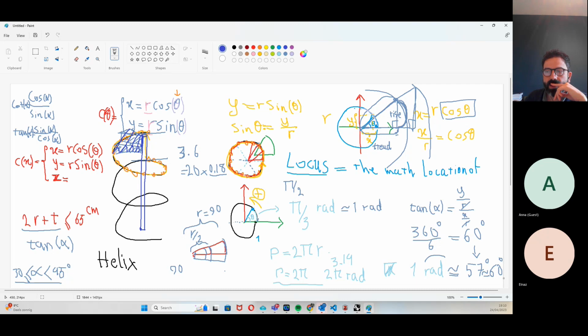When you get farther away from the center, then the slope becomes more and more acceptable. Okay? The tangent of alpha. Yes. Right? Yes. Okay, so this is the profile of two steps that I'm talking about.